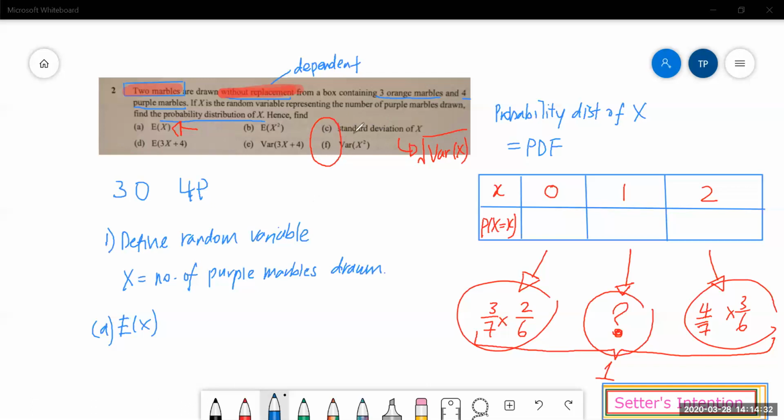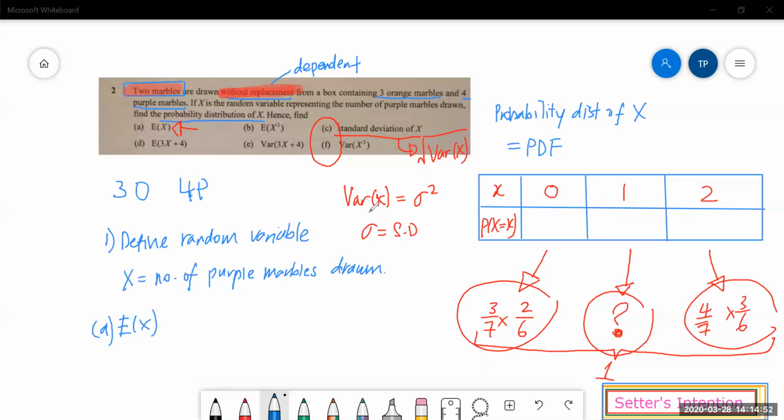For part C, they ask for the standard deviation of X. Throughout this whole lesson, I never touched on standard deviation. Variance of X is denoted by sigma squared, and sigma is equal to the standard deviation.